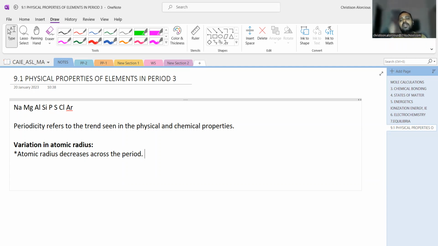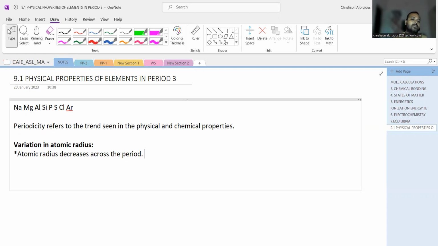And then argon increases, but argon is a little bit of an anomaly for 2 reasons. One is the fact that it's got a complete outermost shell, and also its atomic radius is measured slightly differently compared to the other atoms, considering that it's a noble gas, it stands alone. So the measurement of the atomic radius itself is different.